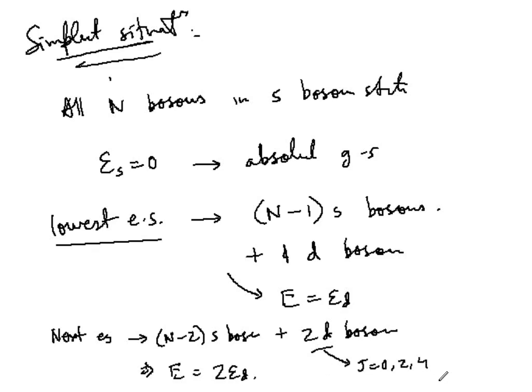And this triplet will be degenerate. Now higher D boson multiplets will also occur up to nD equal to N. Now this is a purely harmonic spectrum, identical to the harmonic vibrator, except for the limitation due to finite boson number. Okay.